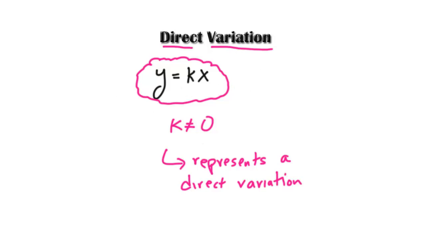And the k itself is called the constant of variation. So by definition, y equals kx is the direct variation equation.